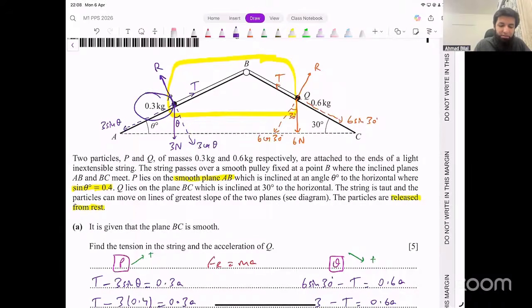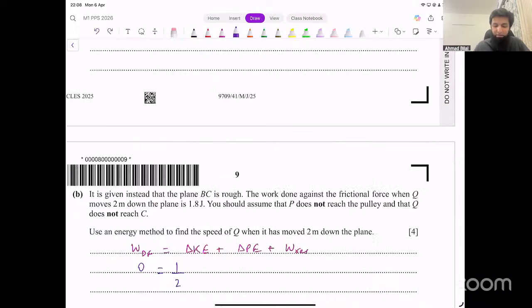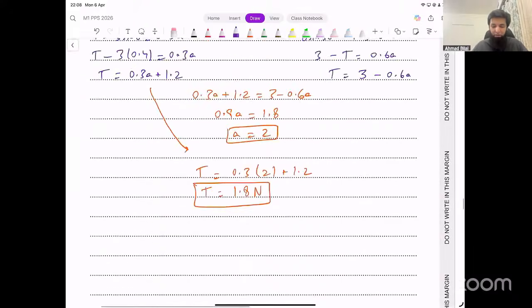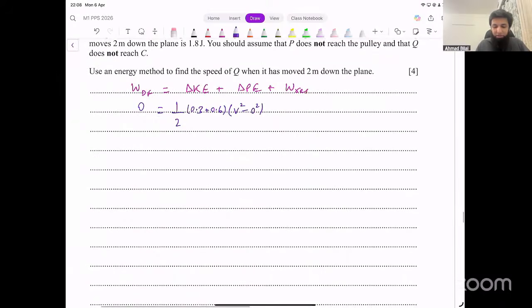For P, for instance, the mass is 0.3. For Q, the mass is 0.6. You could say 1 over 2 into 0.3 plus 0.6, that's the total mass, into v squared minus 0 squared. That's the total change in kinetic energy. You could do it like this if you wanted. You could also do them separately.